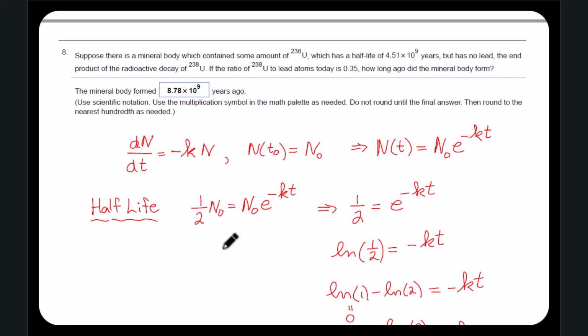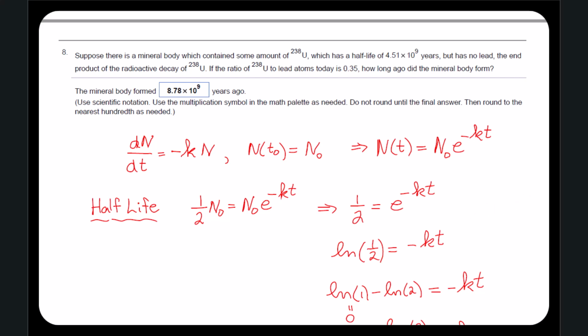So if I divide both sides by N0, I get this relationship. To get our hands on the exponent, we use the natural log. Natural log of 1/2 is minus kt, because the ln of e to something gives me that thing back.